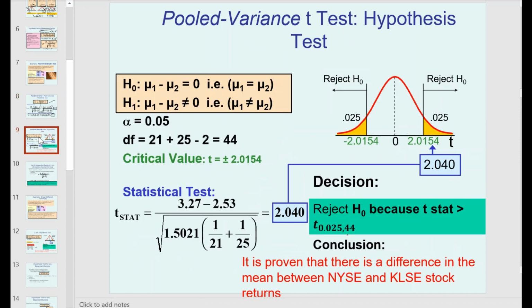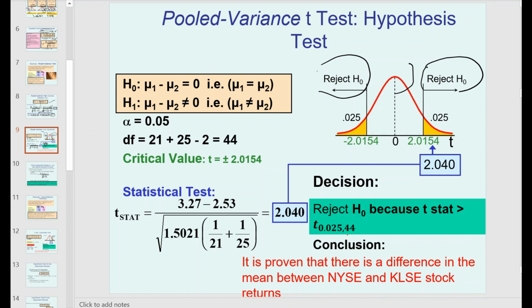Still remember in our lecture 8, I explained that you need to sketch this to get a better view of whether it falls into the rejection area or acceptance area, with rejection areas on your right side and left side if you have two tails.